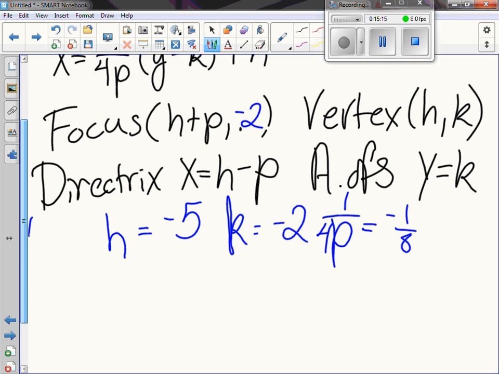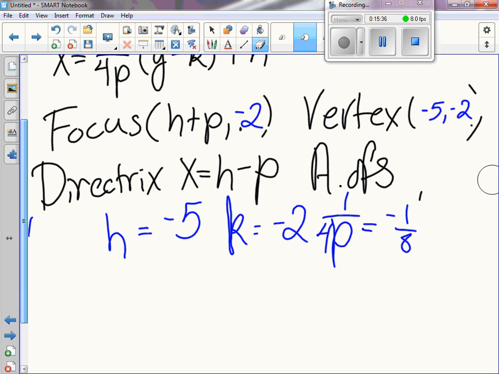Yes? So for the focus, we can leave the first spot blank, but we can write in the k because it's -2. We can do the whole vertex. Vertex would be -5, -2. Y equals -2.